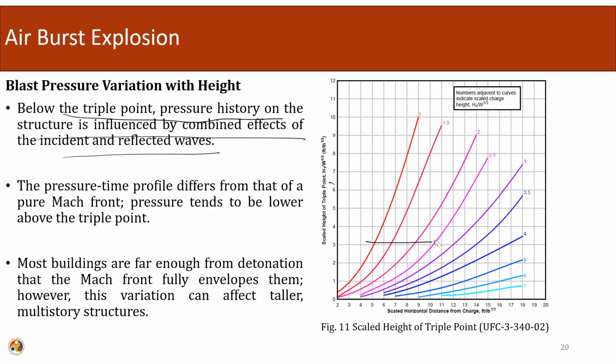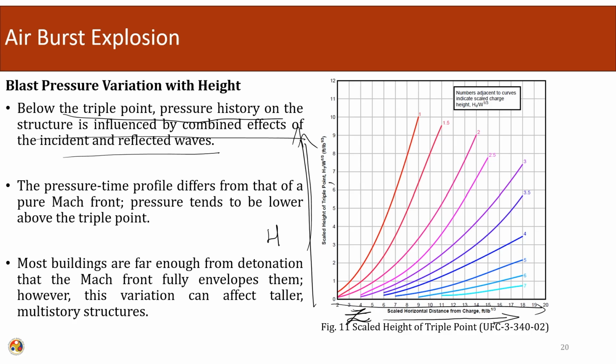So this is the effect of the scaled horizontal distance from the charge, and this is the scaled height of the triple point. Invariably what is being told here is that this is the variation of the Z, and this is the variation of the triple point. So this is the scaled variation of the triple point with respect to the blast charge.